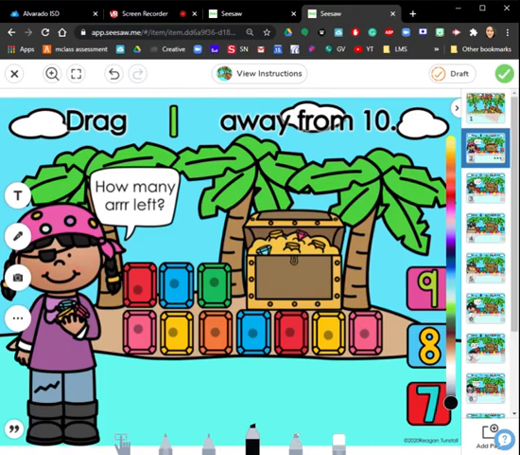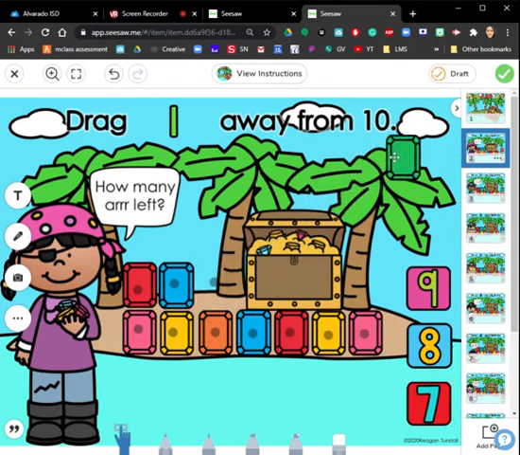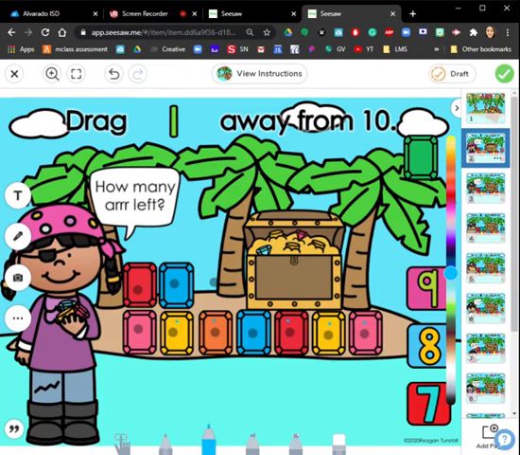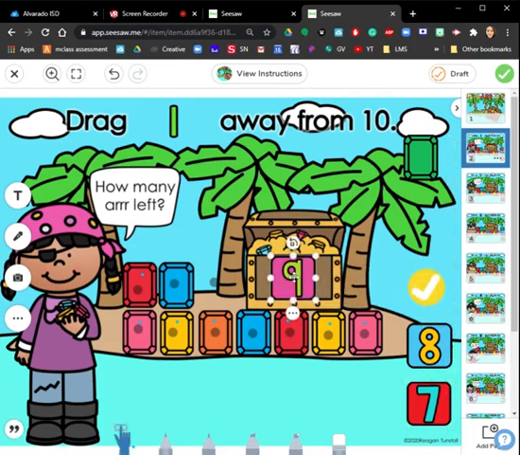And then it says drag 1 away from 10. So I'm going to drag this one away, put it over here. So how many are left now? Let's count them. 1, 2, 3, 4, 5, 6, 7, 8, and 9. So I'm going to drag my number 9 to the treasure chest to show that that's our answer.